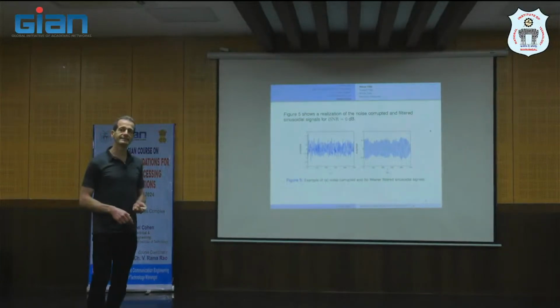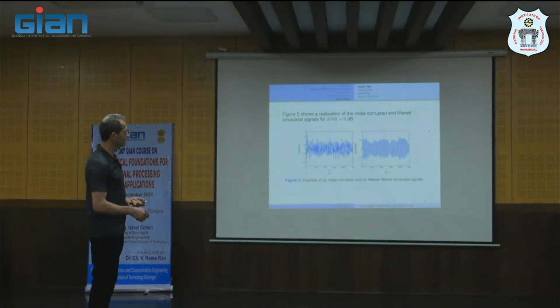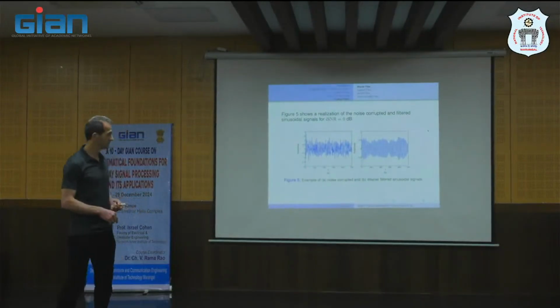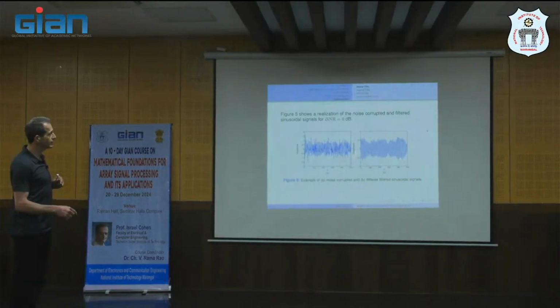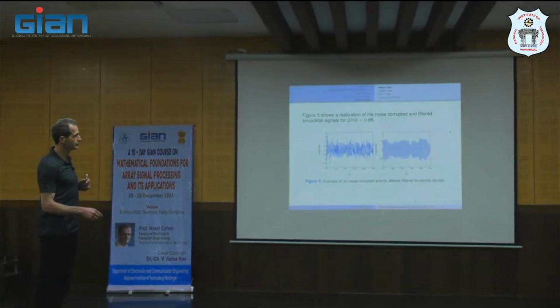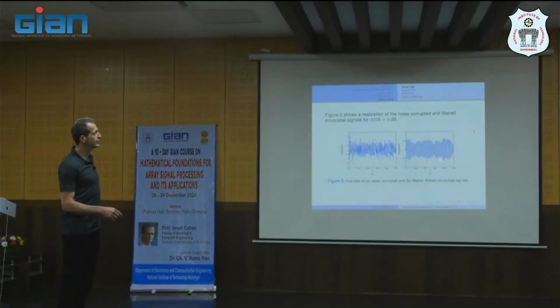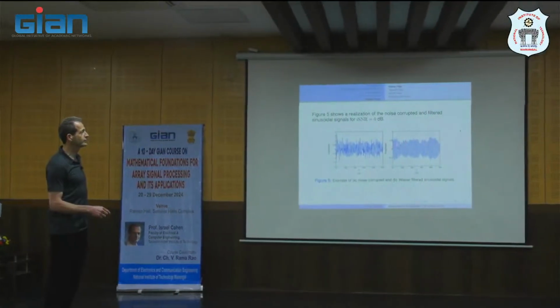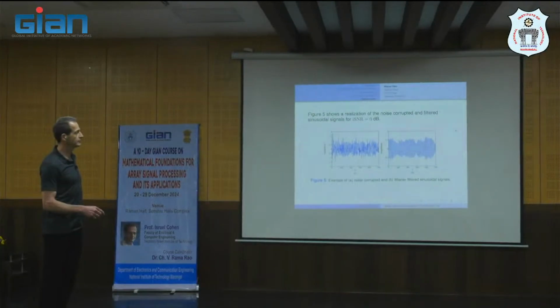This is a realization of the signal. Suppose that we have 500 samples of a noisy signal. This is a realization, and this is the result of the Wiener filtered signal. Because we apply the Wiener filter, we don't estimate the amplitude, frequency and phase separately, so we get whatever we get.